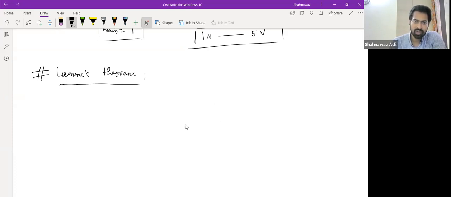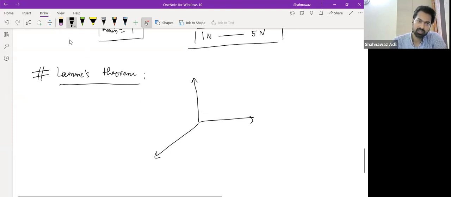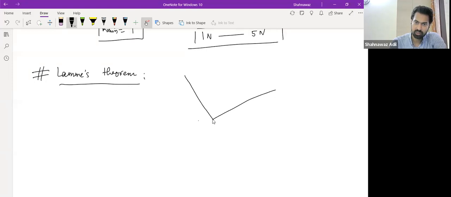So you have three vectors, right? So you can write it in this way. Let me write it. Let's say this is A and this is alpha.